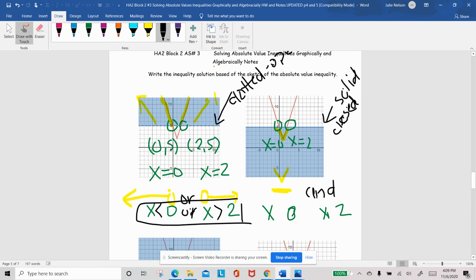The difference is that I want my arrows to go together because that V, those two yellow pieces that I highlighted, are going together. And if they're going together, that means the arrows have to face each other. So x is less than 0 and x is less than 2. Actually, I think I might have accidentally said that wrong. I meant x is greater than 0 and x is less than 2. See how those two inequalities are pointing together?